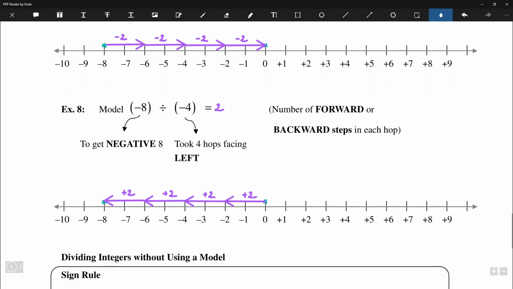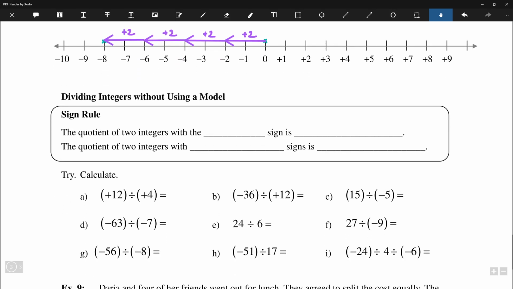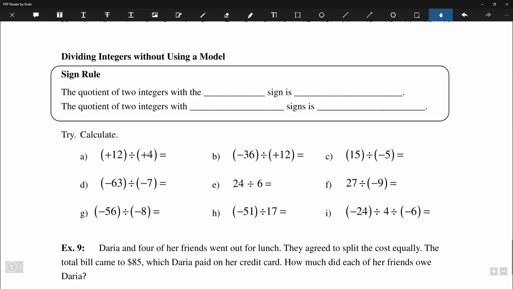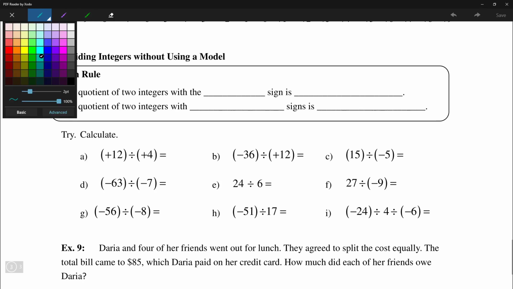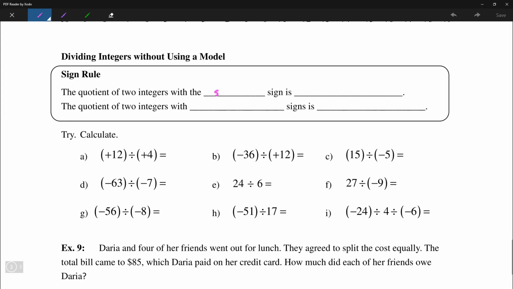All right, so if we are to divide integers without using a model, this is a good way to summarize what we saw with the number line and also with the counters. The quotient of two integers with the same sign will be positive. That would be if we take a positive integer and divide it by a positive integer, or if we take a negative integer and divide it by a negative integer, then the quotient in both cases will be positive.